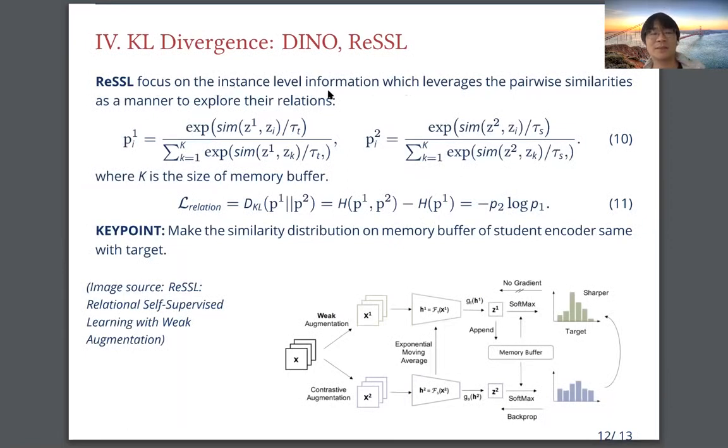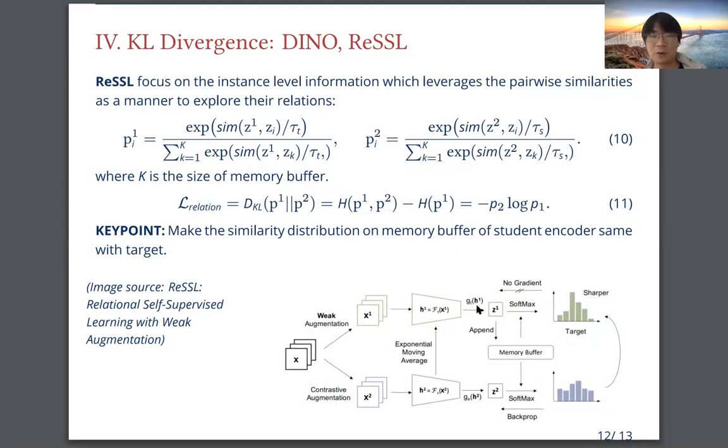So what is the instance level information? In this work, they have two encoders, and the momentum encoder, which they call the target encoder.